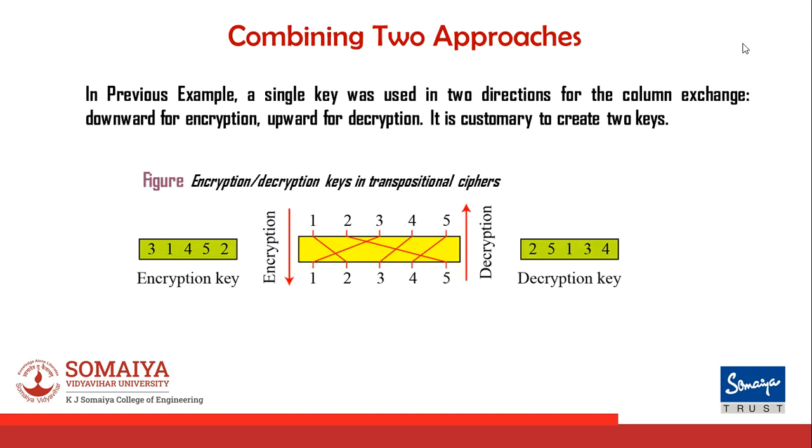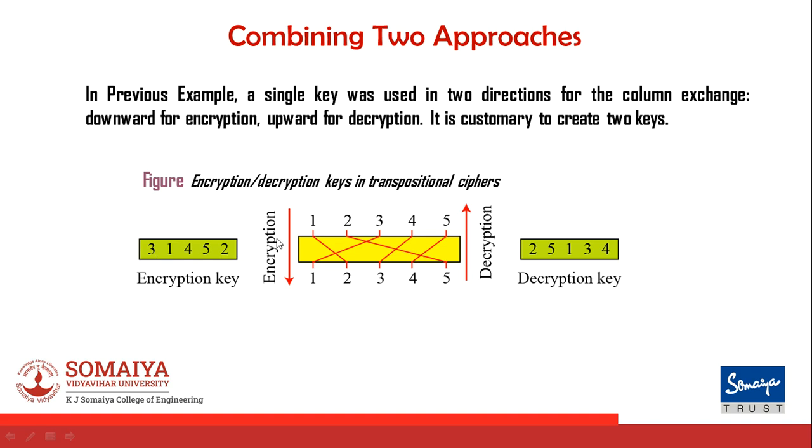Before going to the third activity, let's see how, if the encryption key is given, we can obtain the decryption key. So 31452 is the encryption key.